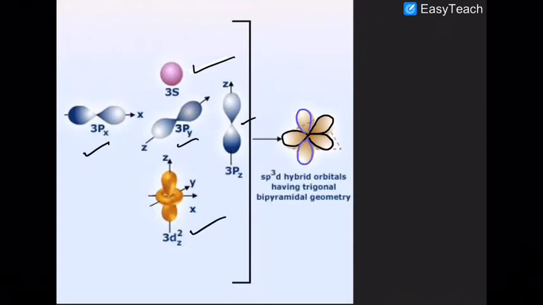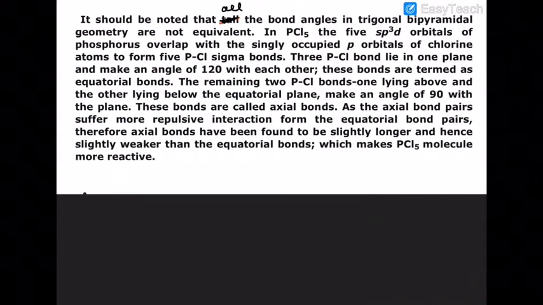Okay, you are getting that in your mind now? Very much. So equatorial bond angles 120, axial bond angles 90 degree. I am repeating once more. It should be noted that all bond angles in trigonal bipyramidal geometry are not equivalent.